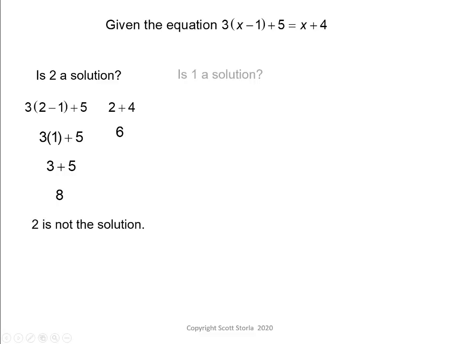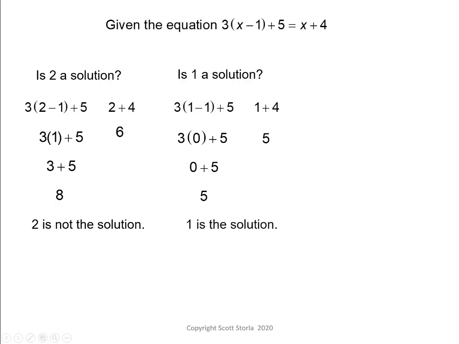Let's say that this was our equation. See if 2 is a solution. After substituting and simplifying both the left side and the right side, I see the values are different, so 2 isn't a solution. How about 1? Replacing x with 1 both on the left and the right, and then simplifying, I find both of them are 5, which tells me that 1 is a solution.